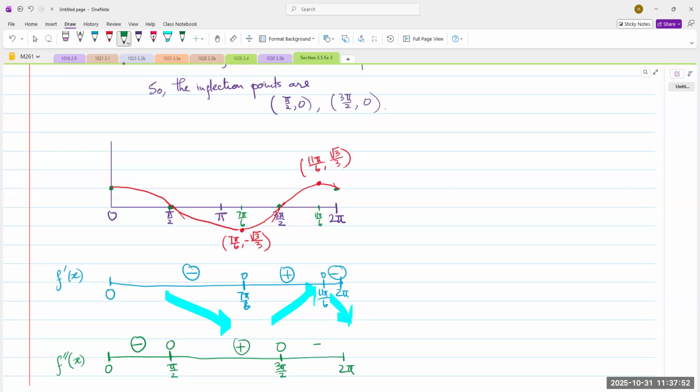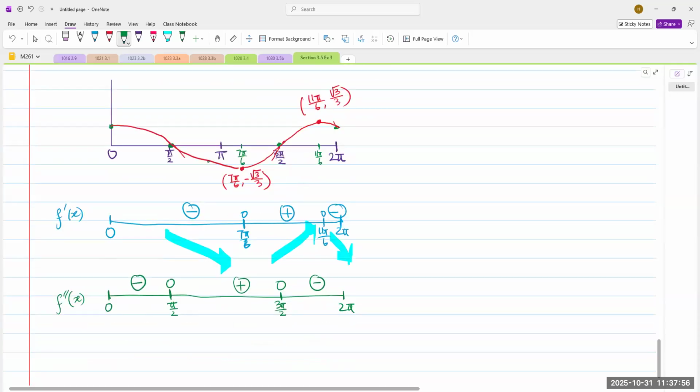And then concave down again here. Okay, so we can update our graph now: here not only is it going down but it is also concave down.